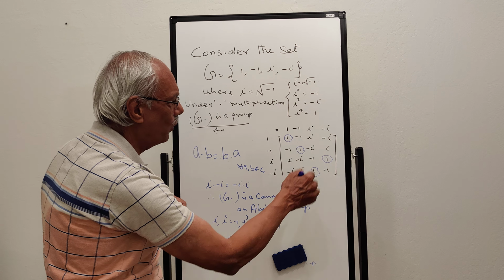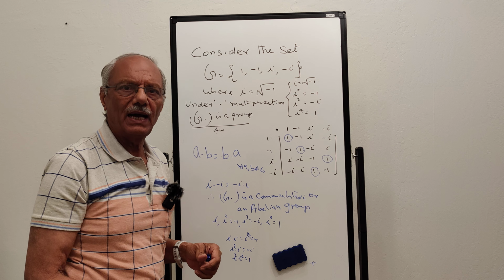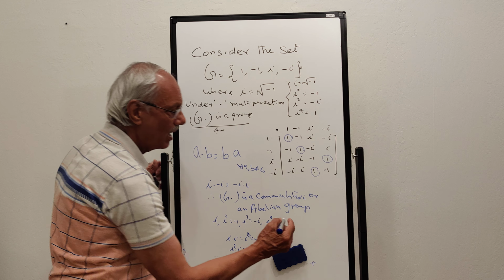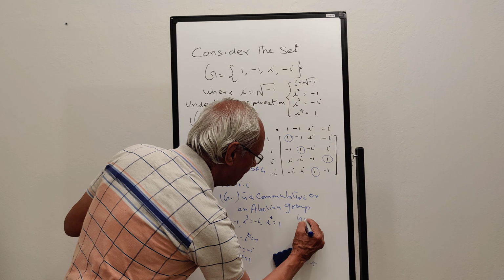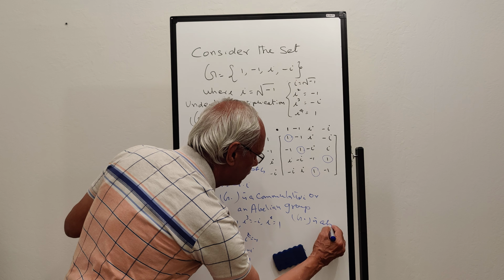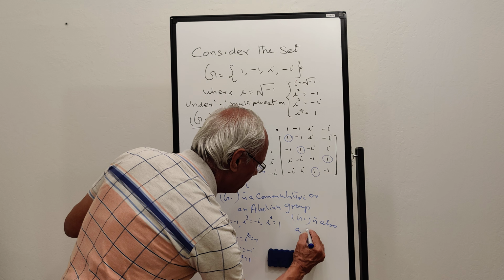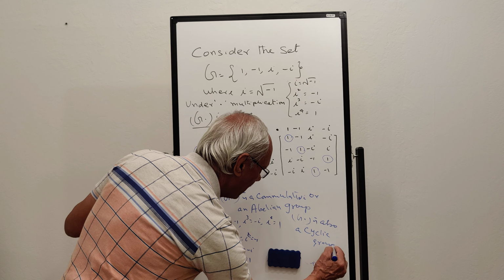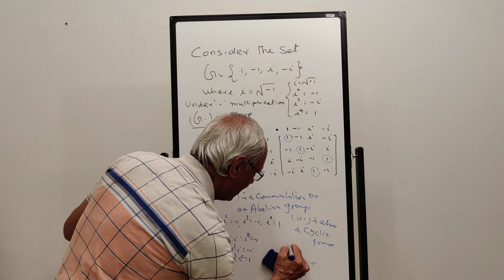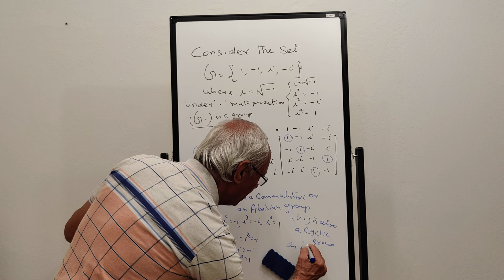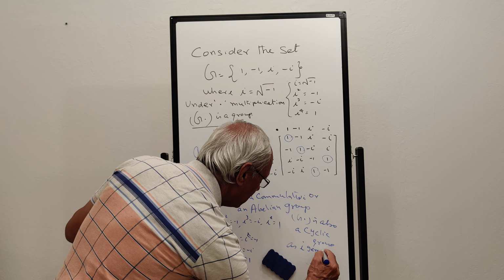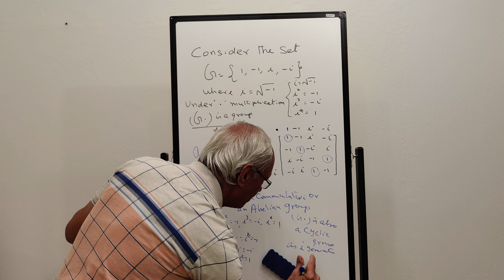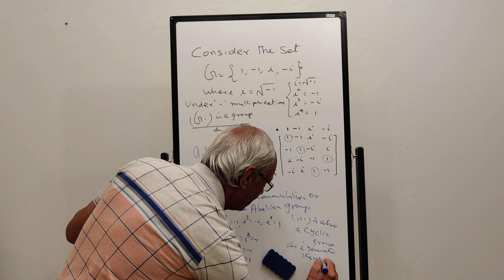So you see that the whole set can be generated by I. Therefore, (G, ·) is also a cyclic group, as I generates the whole set.